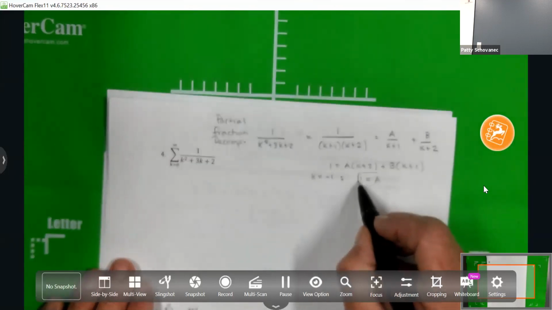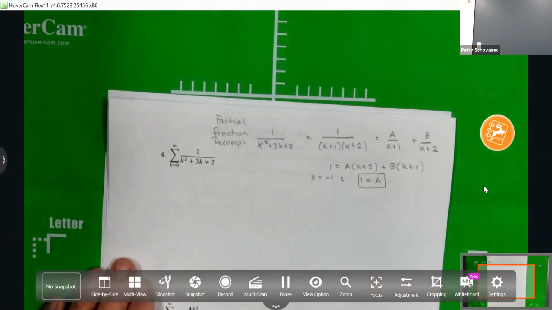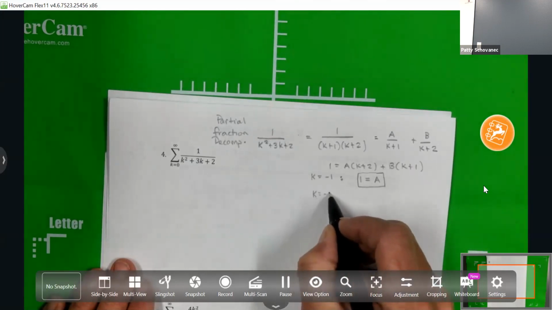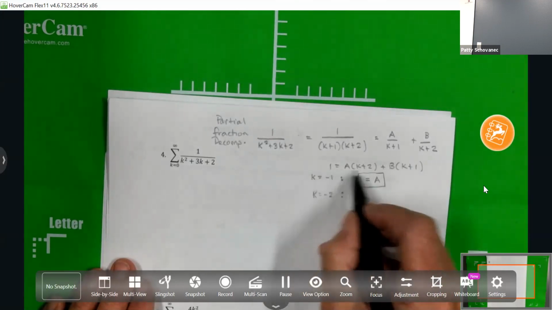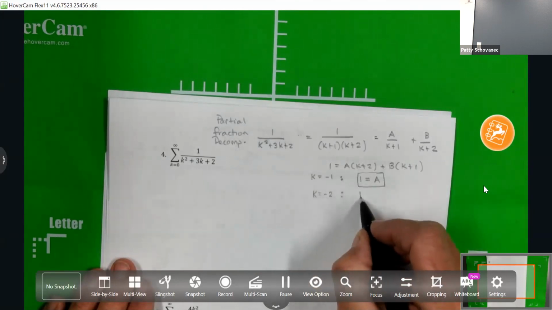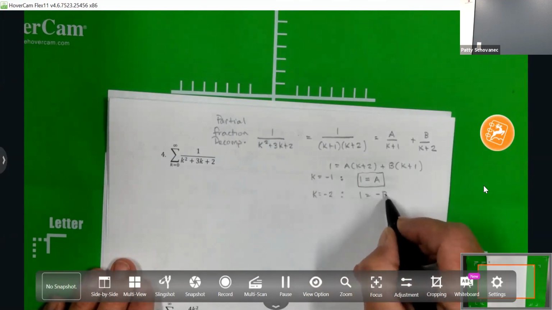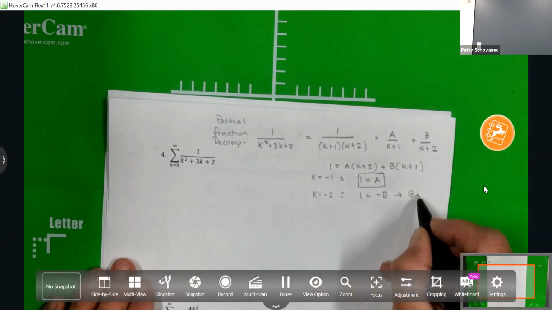So I get A is 1. If k is -2, then I'll get B. So that drops out. I have 1 is equal to -1 times B. So B is -1.